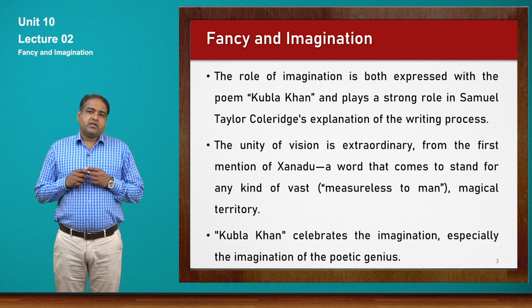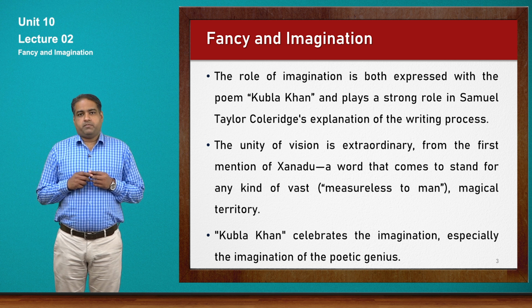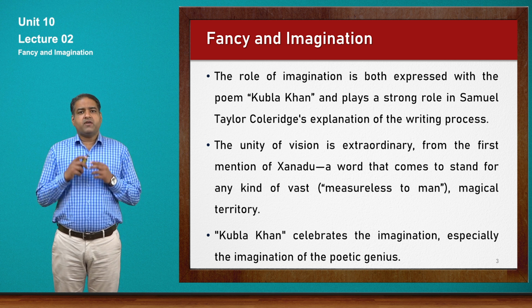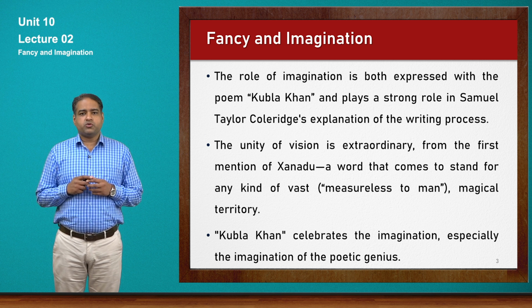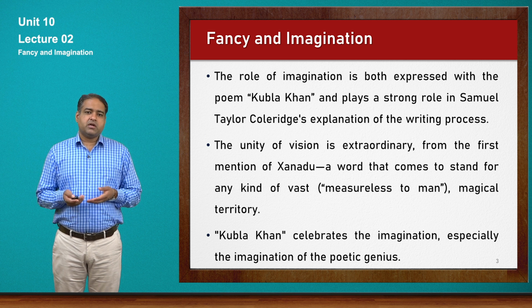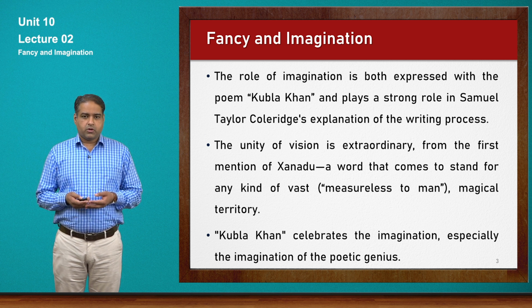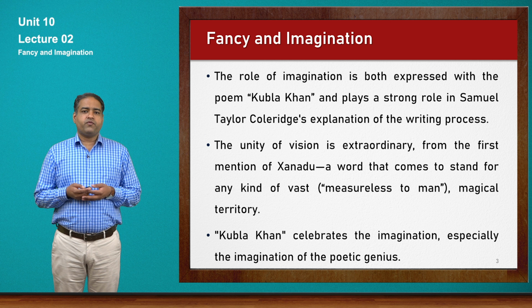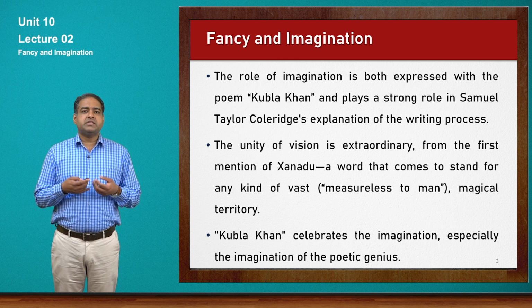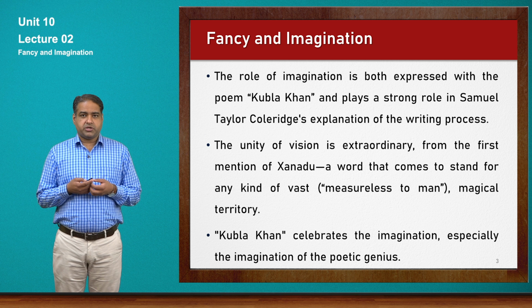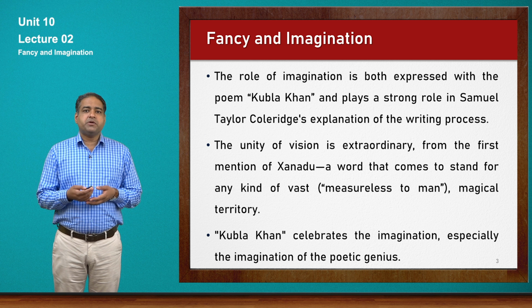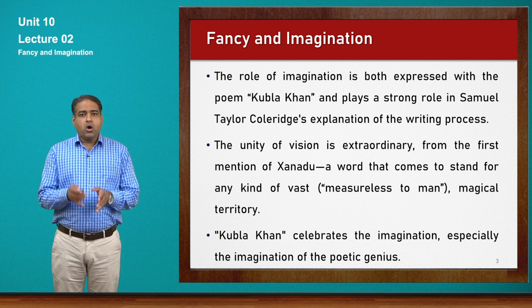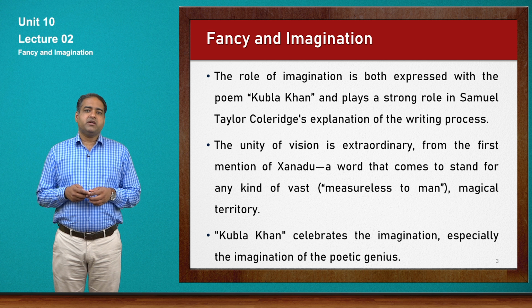Friends, when we talk about this poem Kubla Khan, we not only have to focus on the two metaphors which the poet is trying to discuss, maybe the metaphor of the damsel with a dulcimer, or the metaphor of the construction of Xanadu, but we also have to focus on the way the poem is written, the language, and the explanation of that writing process needs to be done on the grounds of fancy and imagination.